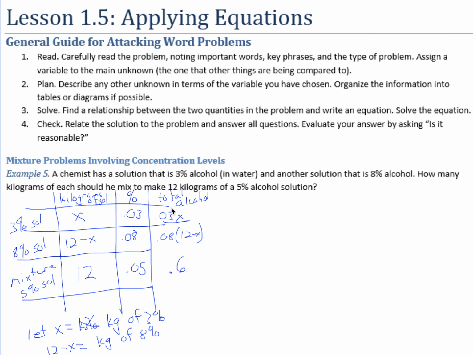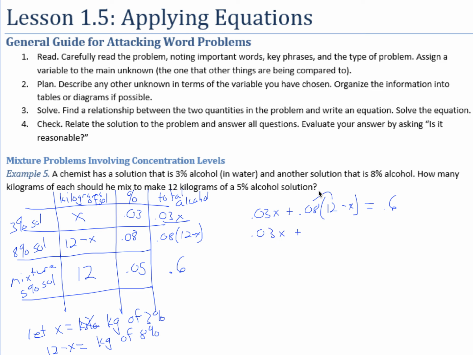And once again, the alcohol in this first solution plus the alcohol in the second solution should give you your total alcohol. So we can say 0.03x plus 0.08 times 12 minus x is equal to 0.6. And then we can go through and solve this.